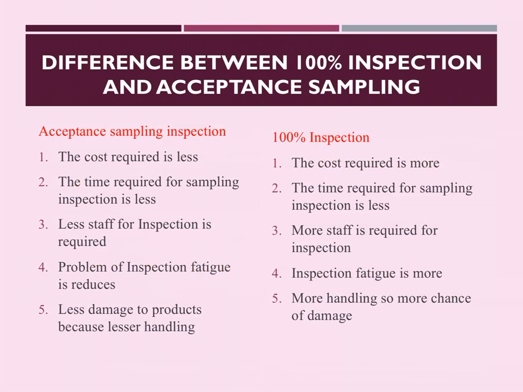100% sampling or acceptance sampling. First difference, the cost required is less for acceptance sampling, whereas for 100% sampling it is more. The time required is less for acceptance sampling, and for 100% inspection it is more.